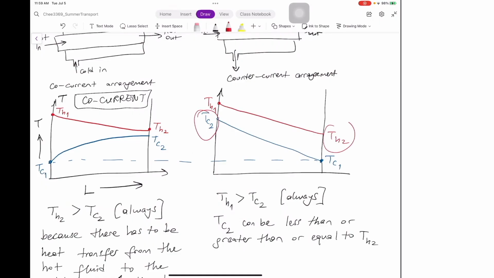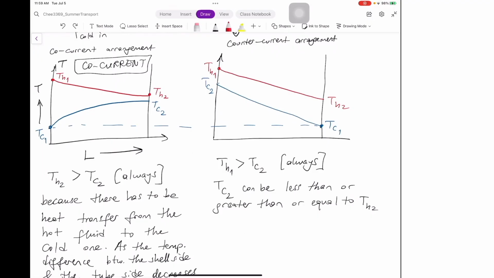So these two can actually compare in many ways. Either of them might be larger than the other. Okay.